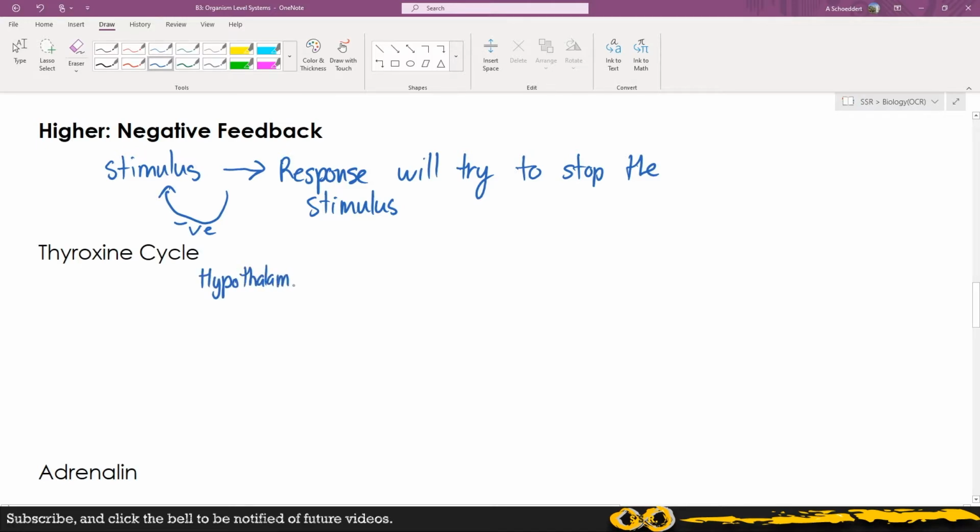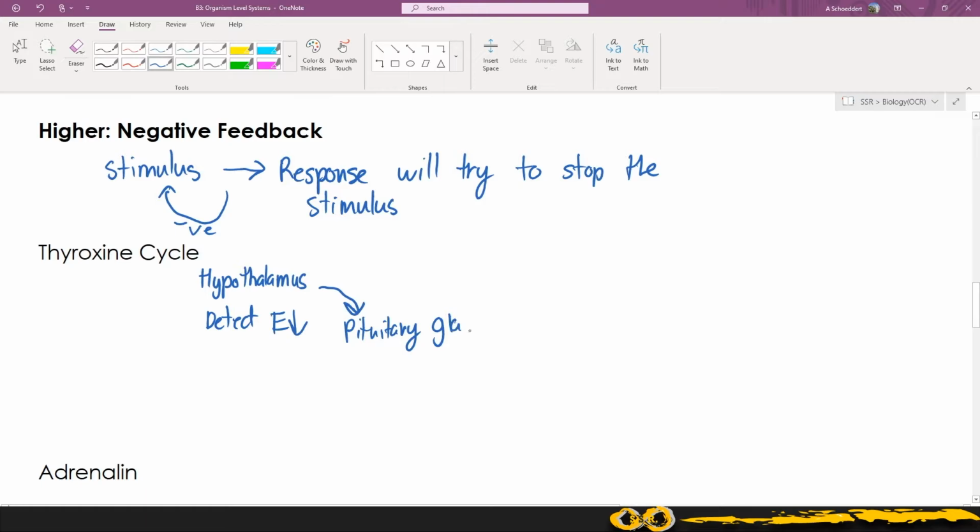It will be the one that's going to detect some changes. So it's going to detect that energy levels are low. And so the hypothalamus is going to tell the pituitary gland to secrete another hormone called thyroid stimulating hormone, or TSH.